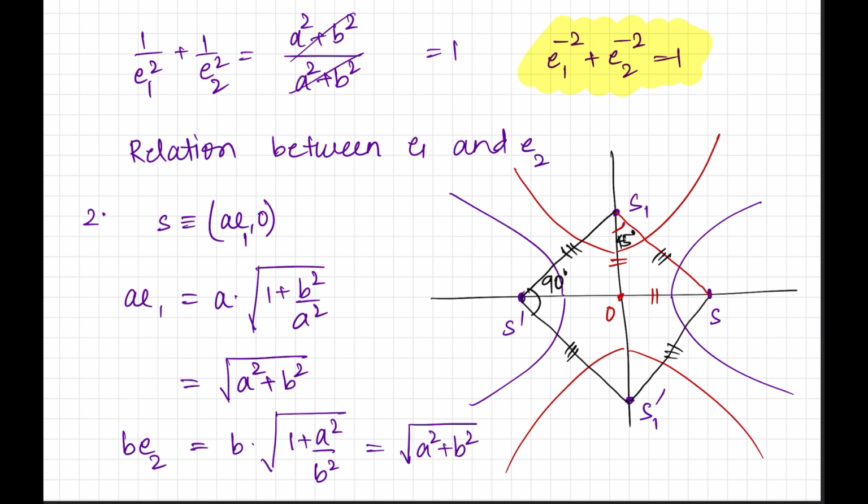So therefore, this is basically a quadrilateral in which all the vertex angles are 90 degrees and all the sides are equal.